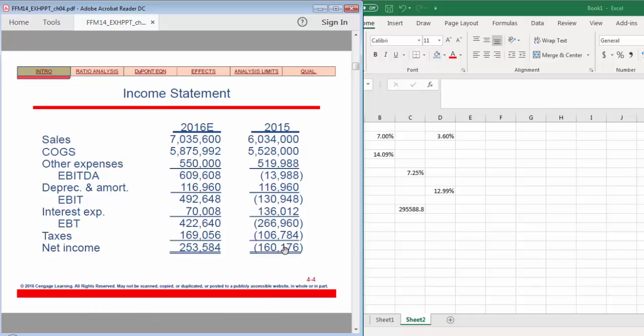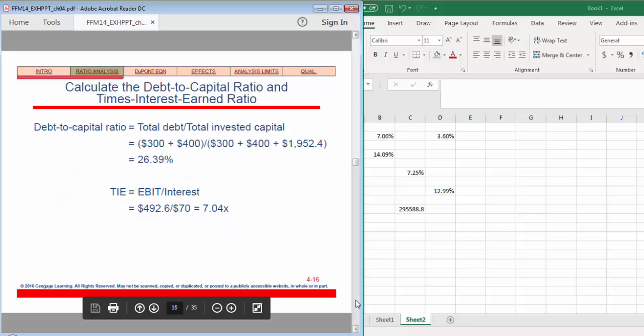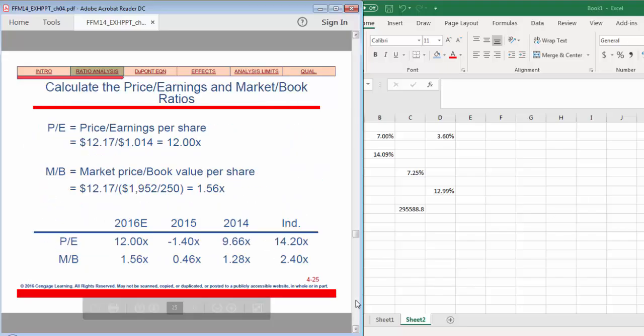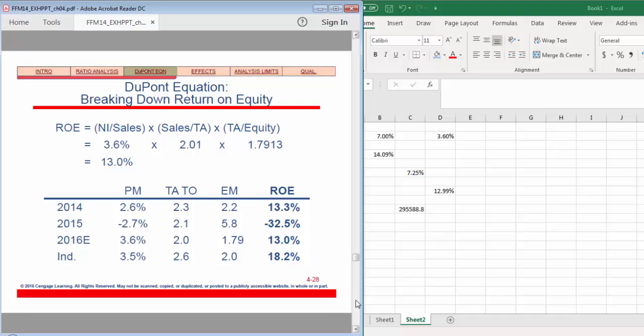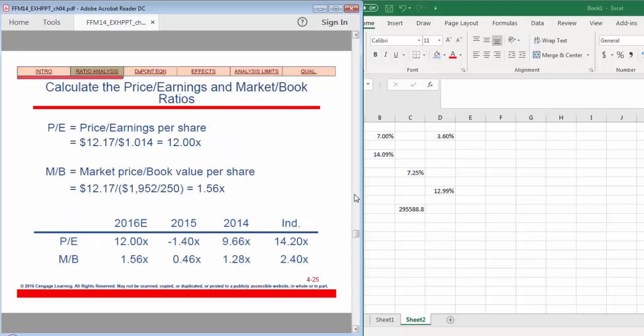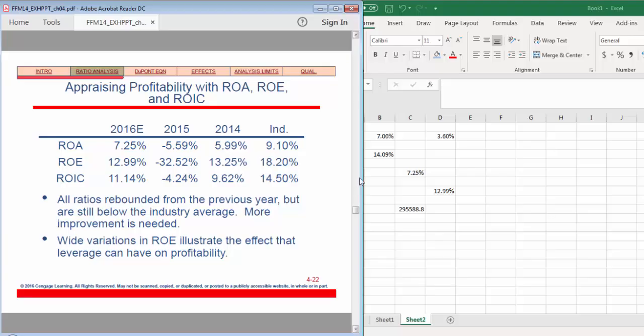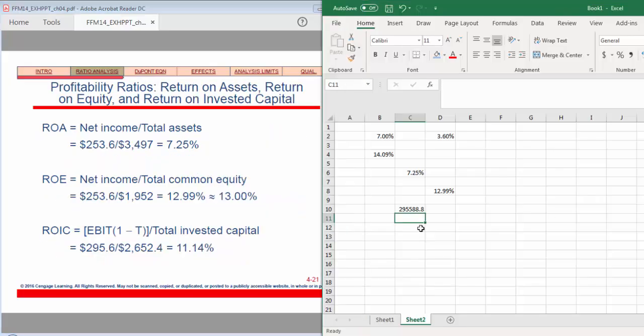So you take the EBIT, which is 492,648, and then multiply by 1 minus the 40%, which is the tax rate that the PowerPoint assumed. So there you go, that's the number that we get. And obviously, since they did not take the complete total number, we're getting that longer result.